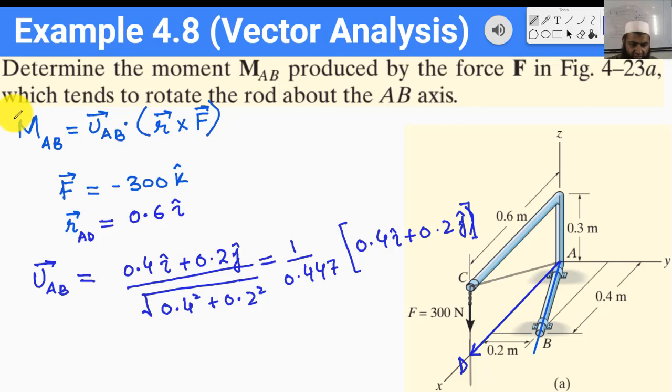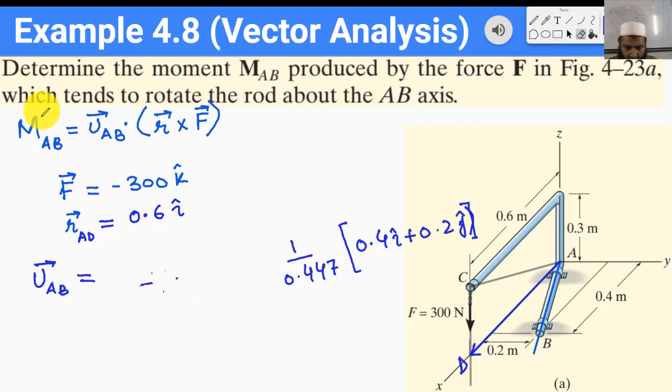So I can plug in all of these three numbers into this definition of moments, and to do that I'm going to erase this part so that I have some space to work with. I can just write UAB here so that we remember it.